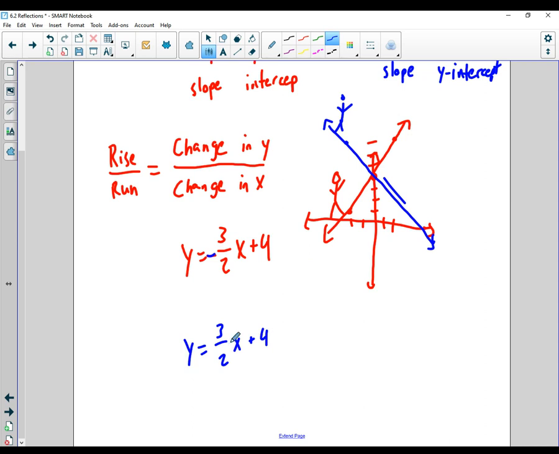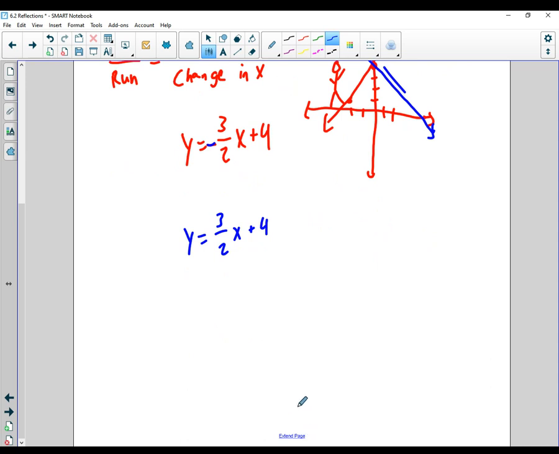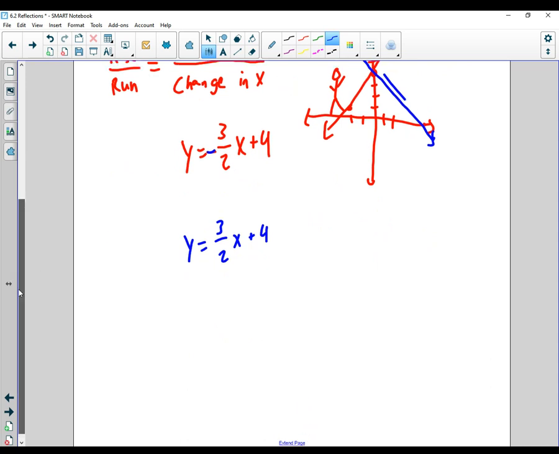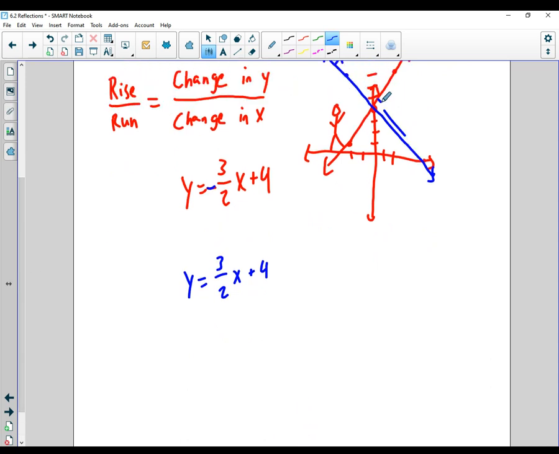It's going to be a little confusing, but that's okay. To make a line that's perpendicular, or 90 degrees, there's two things you need to do. You need to look at the slope, and you need to make it opposite, and then you need to take its reciprocal.